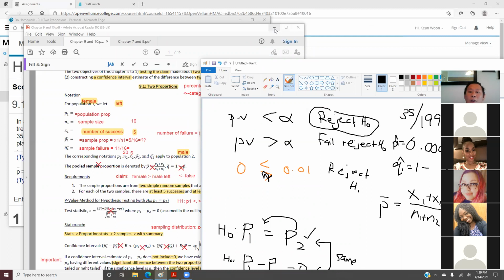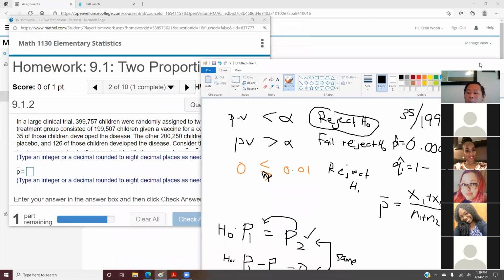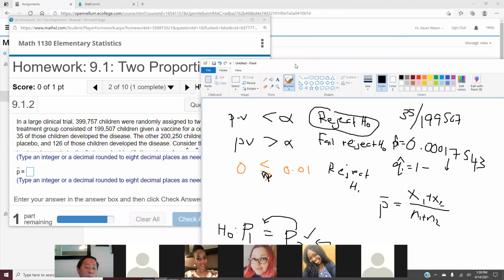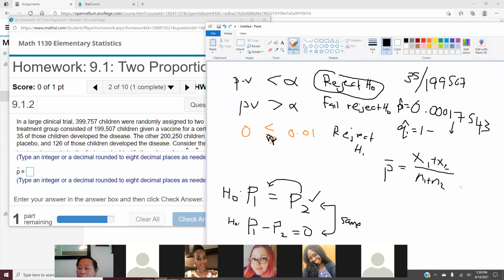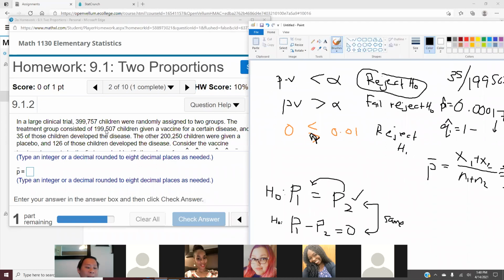So if you read this question, x1 plus x2 means the total of people who got the disease. So 35 on the first one, and 126 on the second one. And then n1 plus n2 means the total, which we know is 399,757, which is the same thing as adding both n1, this 199 and 200,000.